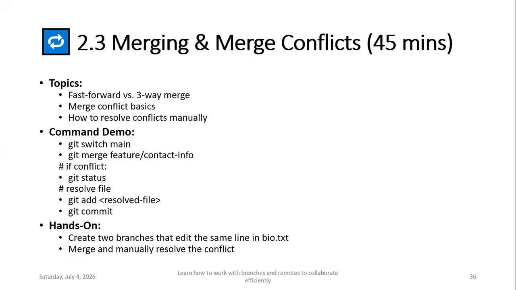So when you have, for example, a branch called main, a branch called dev, a branch called maybe login, a branch called sign up.